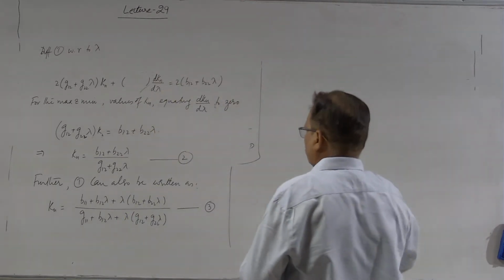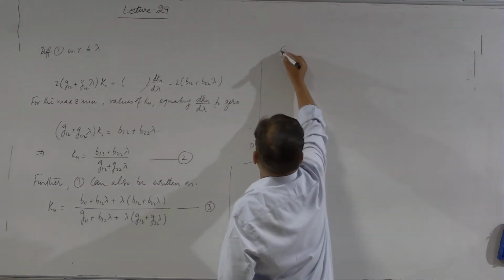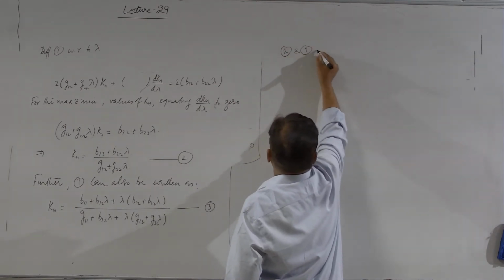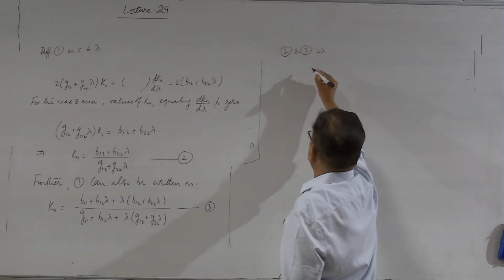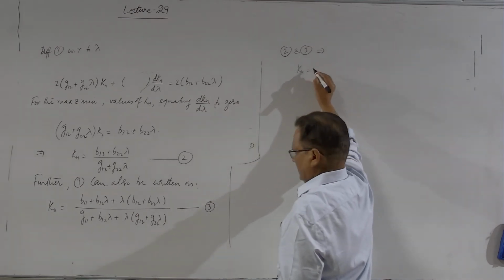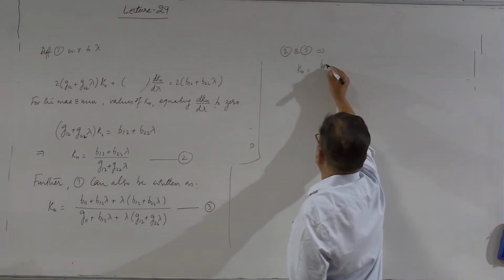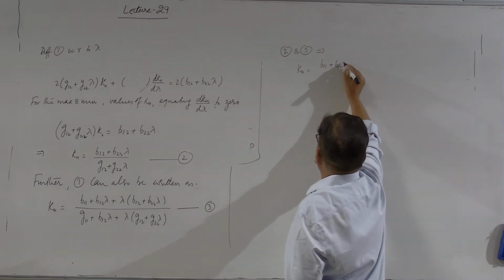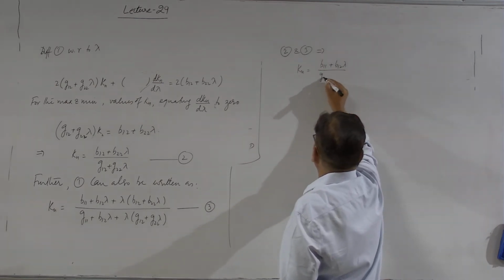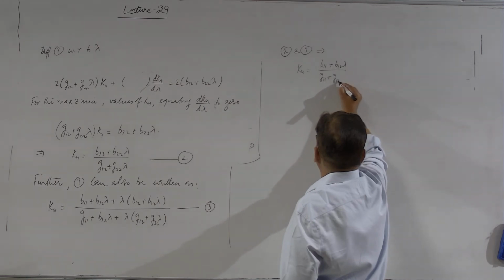So, 2 and 3 imply that Kn is equal to (B11 plus B12 lambda) upon (G11 plus G12 lambda).